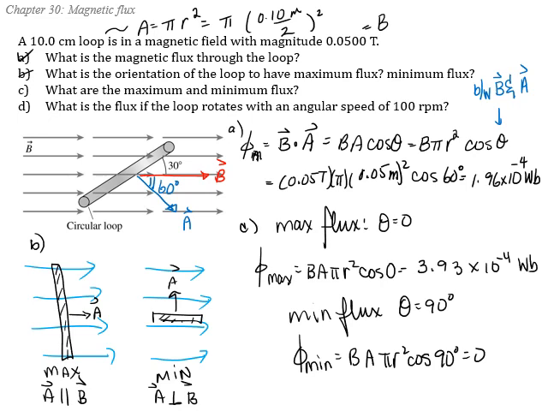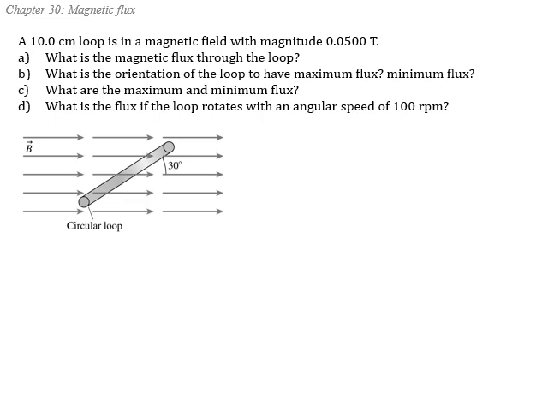Okay, then the next part, what is the flux if the loop rotates with an angular speed of 100 RPM? So we're going to take our loop, let's say it pivots around the center and it's rotating with an angular velocity omega. So our magnetic flux is equal to B times pi r squared times cosine theta.